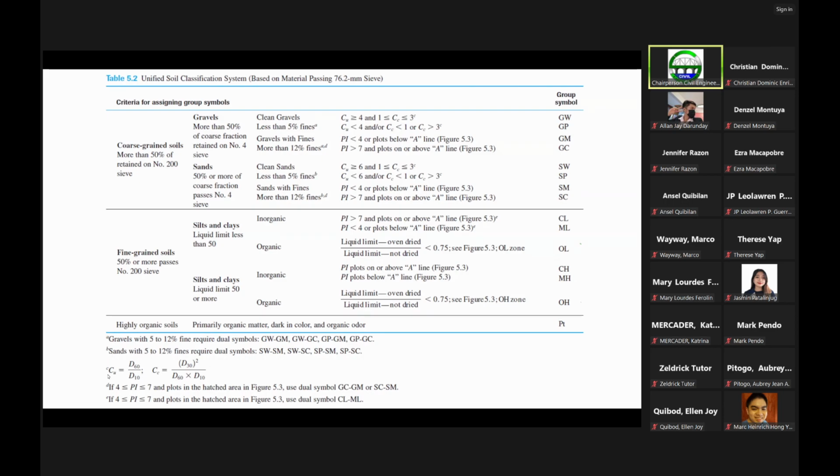These are the formulas at the bottom, with respect to D10, D30, and D60.